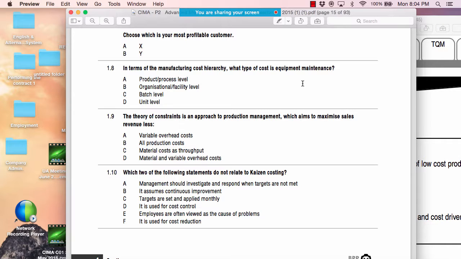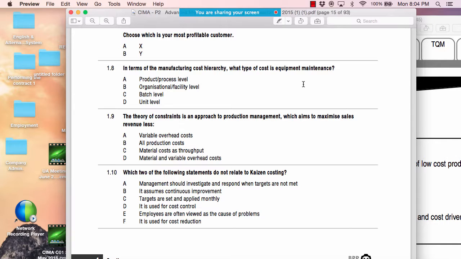And 1.10. I chose D and E. And Elaine? I had C. Right. Why did you choose D and E? Kaizen means continuous improvement, right? I thought cost reduction was more apt than cost control, so I chose that.